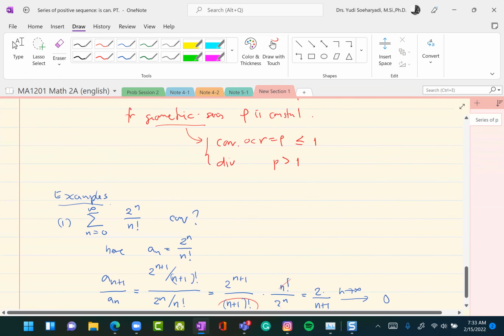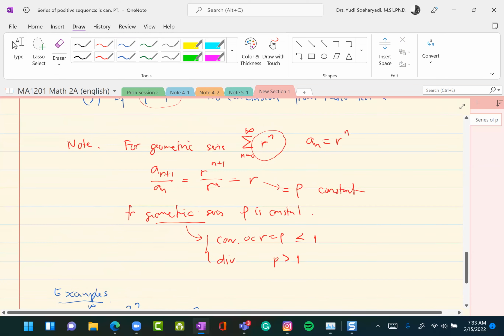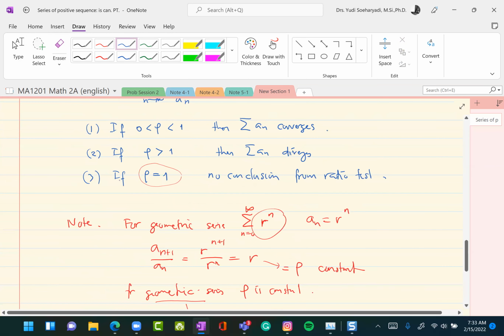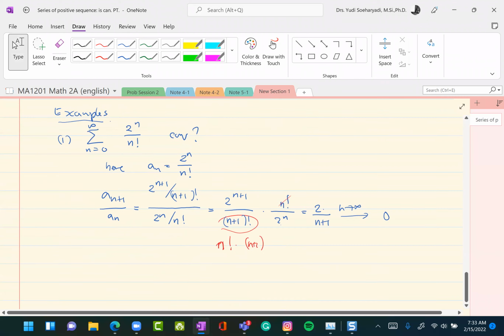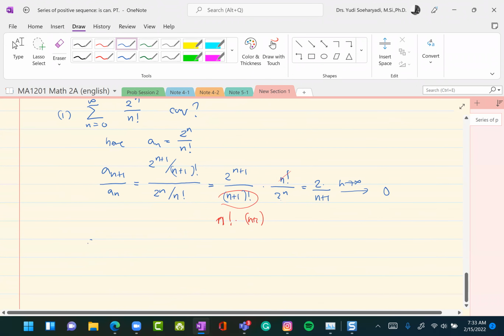By the ratio test, with rho equal to 0, we're in the first case, where you have convergence of the series.